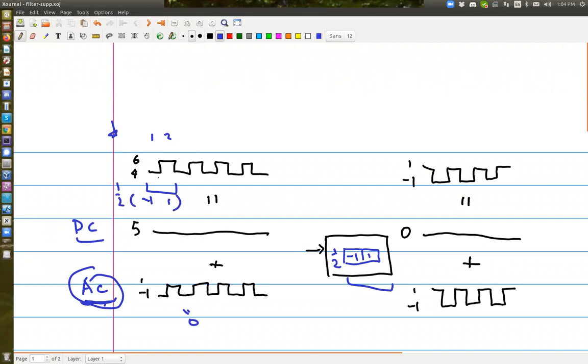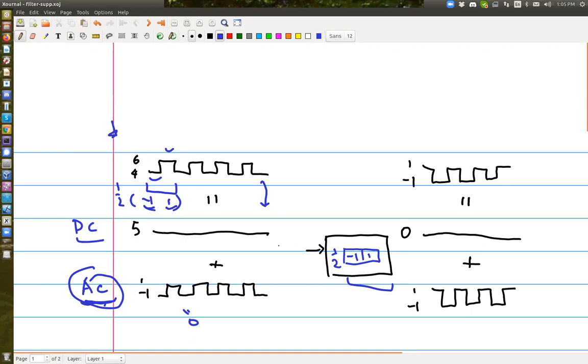And then I'm going to compute the values: this value multiplied by this, so 4 multiplied by -1, and 6 multiplied by 1. Because this signal itself is decomposed into this DC and AC component, and because this filter is a linear operation, we will get more detail later on.